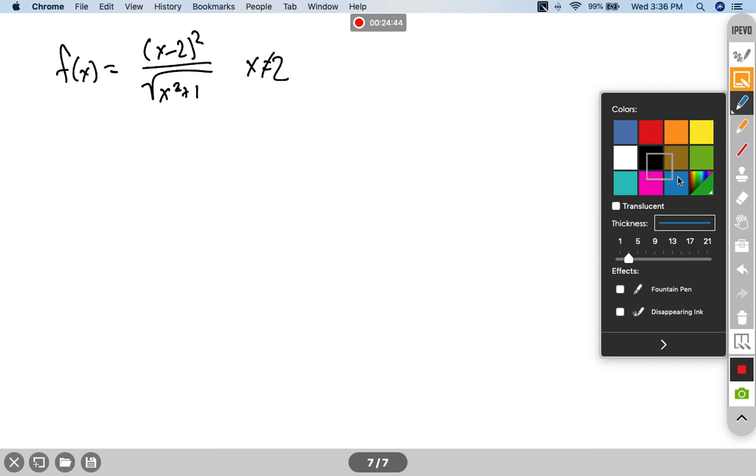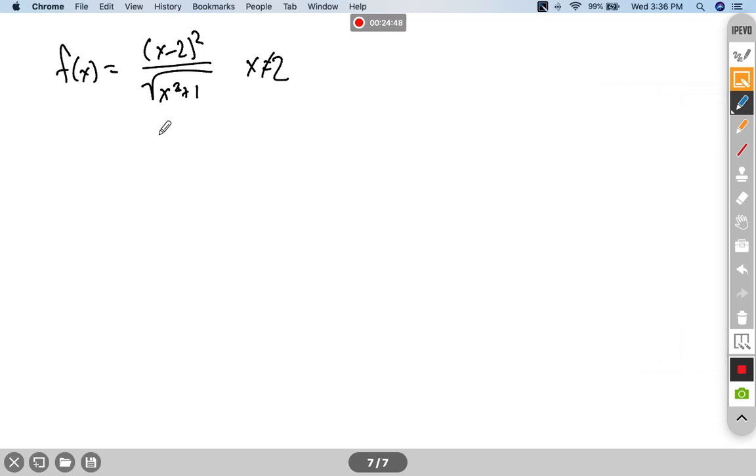And the suggestion was, let's take the natural log of both sides. So we take the natural log, and to make things easier, I'm going to make this a y instead of f of x. I don't want to keep on writing f of x. And I'm going to make this x squared plus 1 to the 1/2. Just to, again, make things a little easier for me to do.